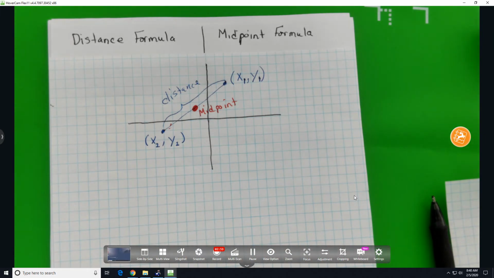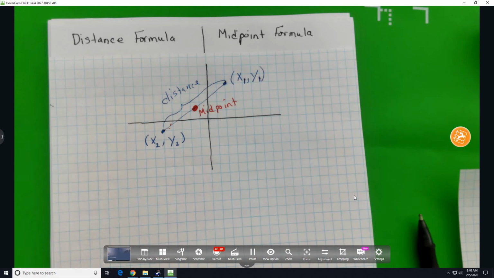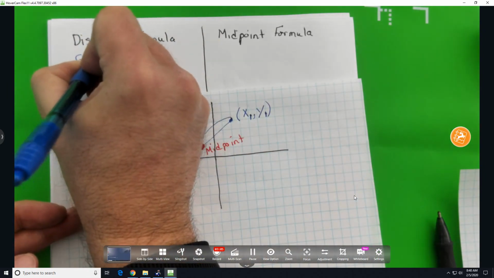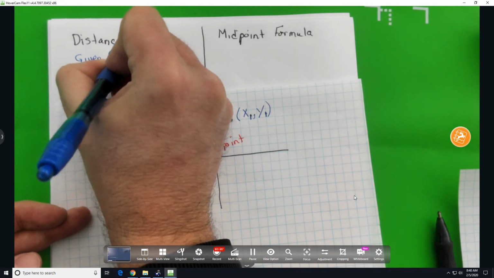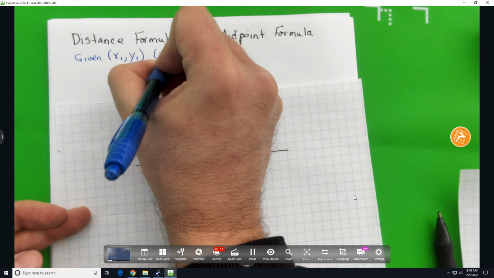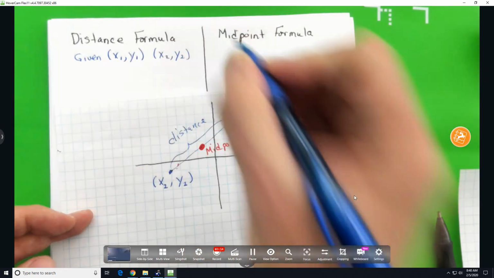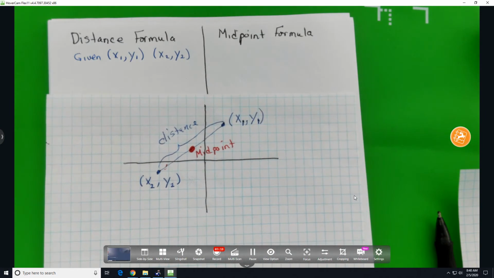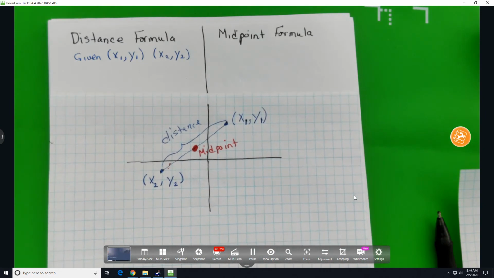So, stating this distance formula, given two ordered pairs, x1, y1, and x2, y2. If we had to name 3 ordered pairs using variables, the third one would be x3, y3.